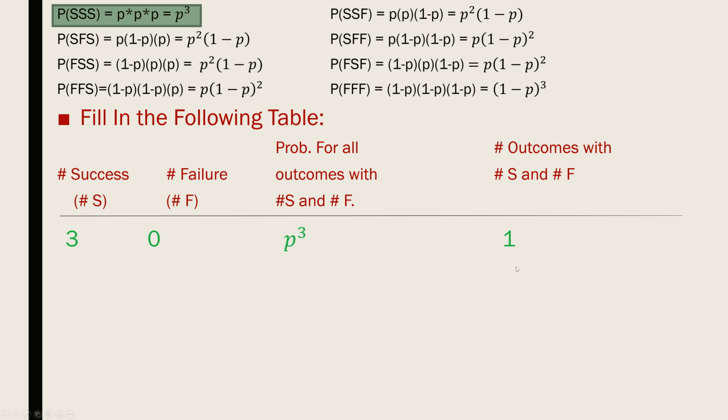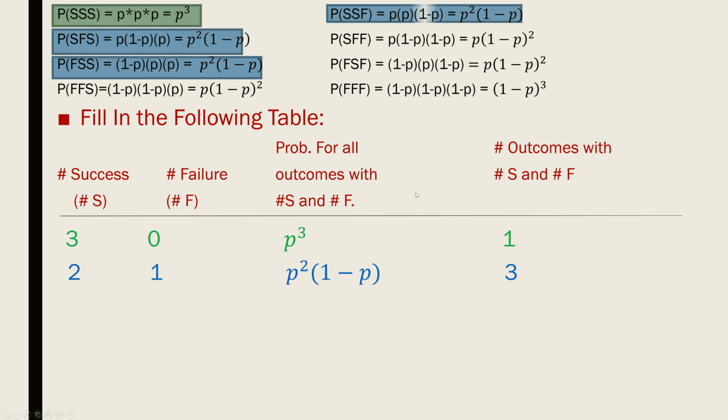And there is only one way to get 3 successes. Next, the probability that we have 2 successes and 1 failure. There are 3 ways to get 2 successes, 1 failure.